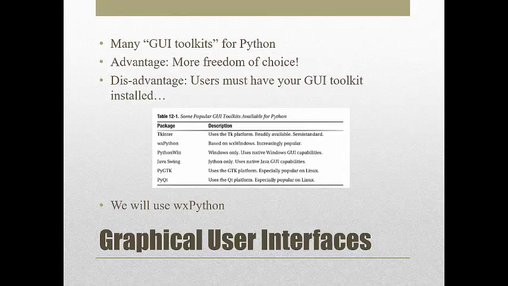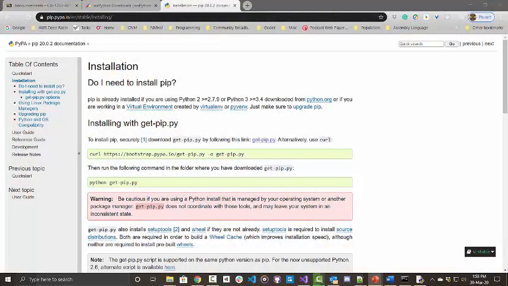If that doesn't work, you can install pip separately following, let me put that link up there. So that's the link for installing pip just directly. The other possibility is, of course, just reinstalling Python.